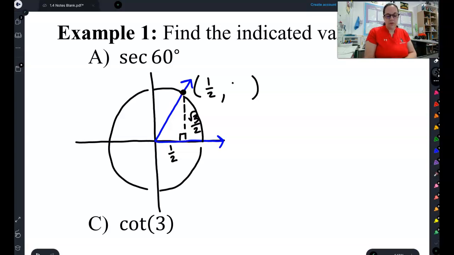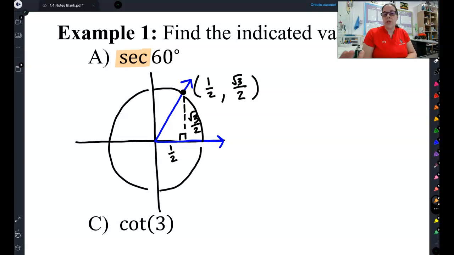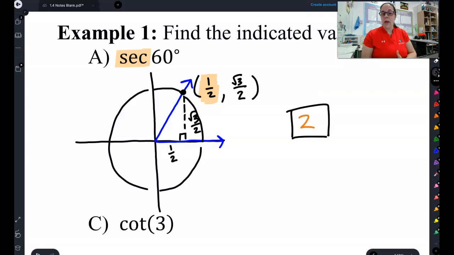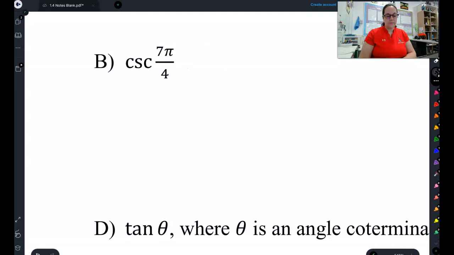So my x value is 1/2, y value is √3 over 2. And now in this problem, we're finding the secant of 60, which is the cosine value flipped. Cosine is my x value, so I take 1/2 and I flip it, and I get 2 over 1, or 2. And we're done. That's it. That's the unit circle.